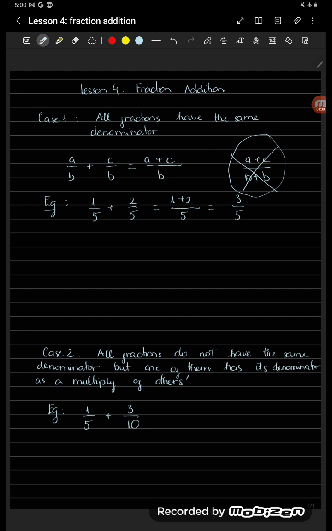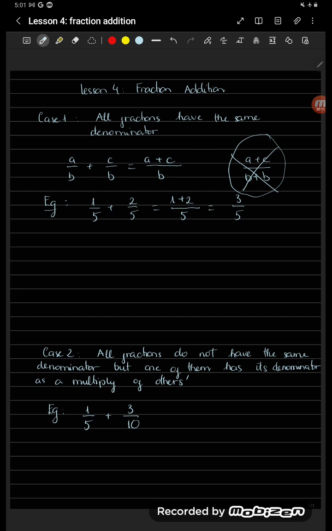Only keep one b. For example, if we have 1 over 5 plus 2 over 5, you can see two fractions here have the same denominator 5, right? Based on the formula above, we only need to add the top parts together. It means we add 1 with 2, and we keep the denominator 5 unchanged. Just one 5.